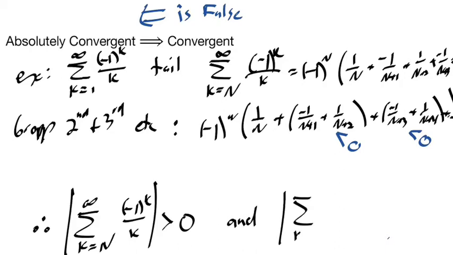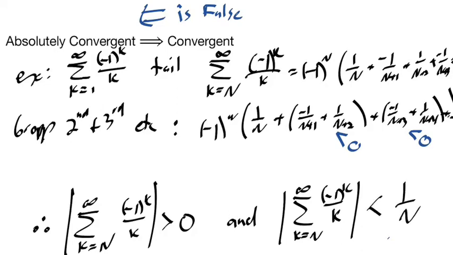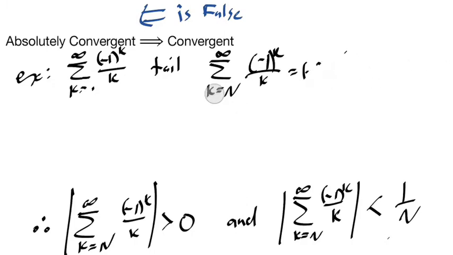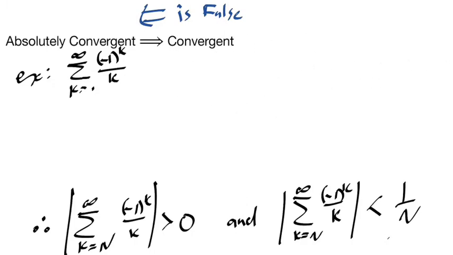And if I were to take the absolute value of this sum, then this thing now has to be less than 1 over capital N. So what do I get? I get that this tail, as we looked at it, by the way, is less than 1 over n because we have that 1 over n, and then we added a bunch of negative things to it, so it only got smaller.